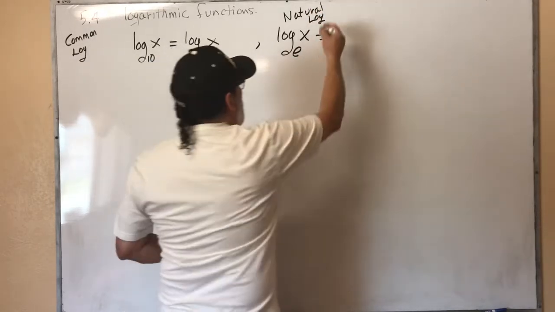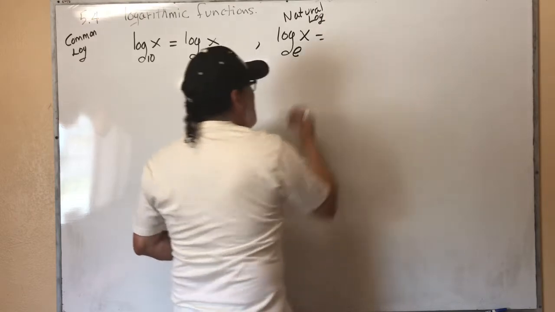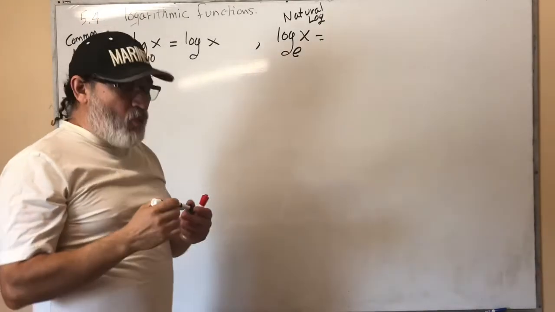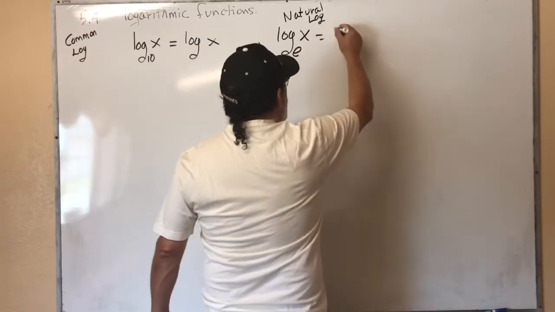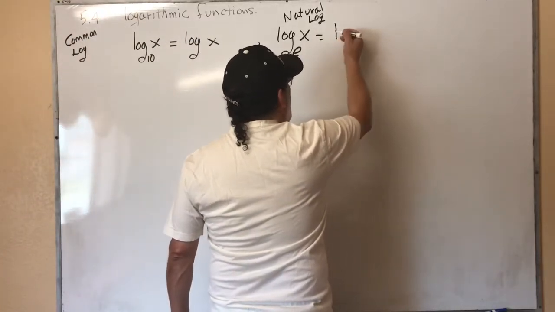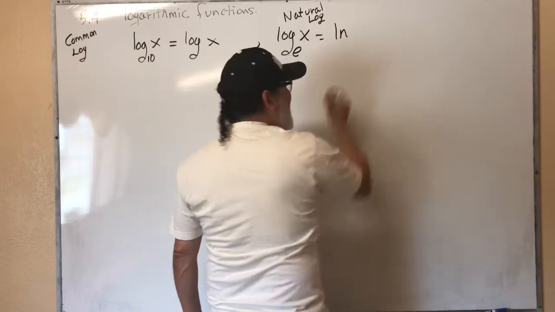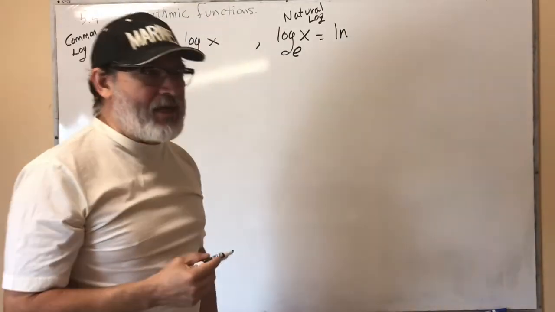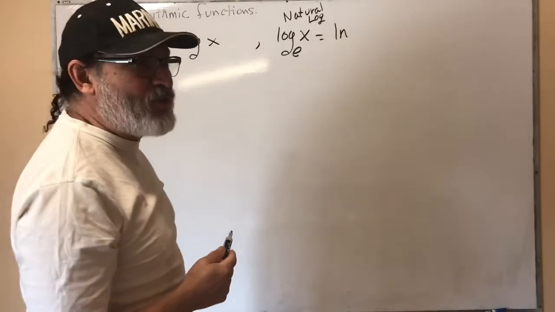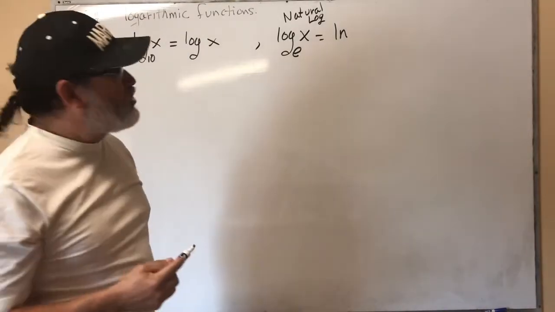Okay? When the base is e, we call it the natural log. So this is ln, or log naturel. It's a French word. Log naturel is natural.